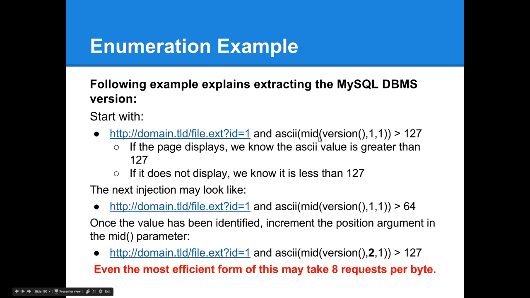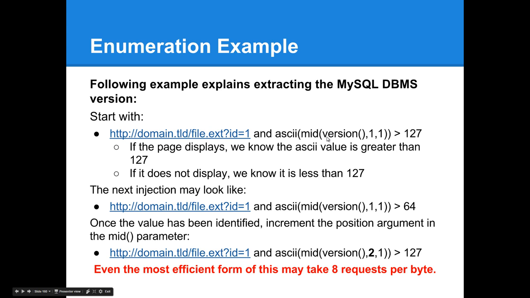The mid function is the same as the C substring function, and it's going to return a substring of the first argument starting at index 1 for length 1. So version will give you the version string. We're starting here at the first character, which will be whatever version number it is. Typically that's all you need. Well, not always. Sometimes the subversion numbers matter.